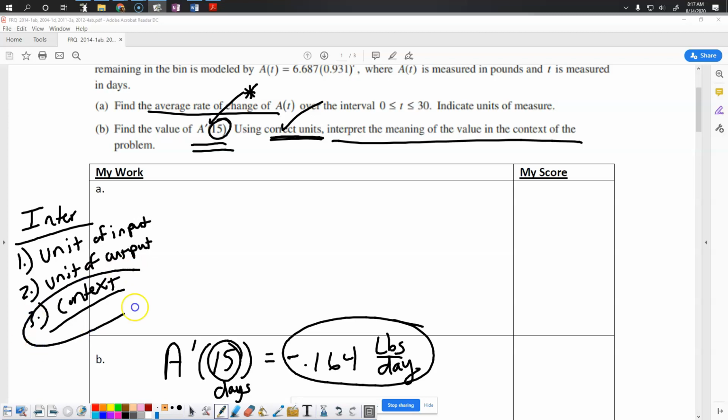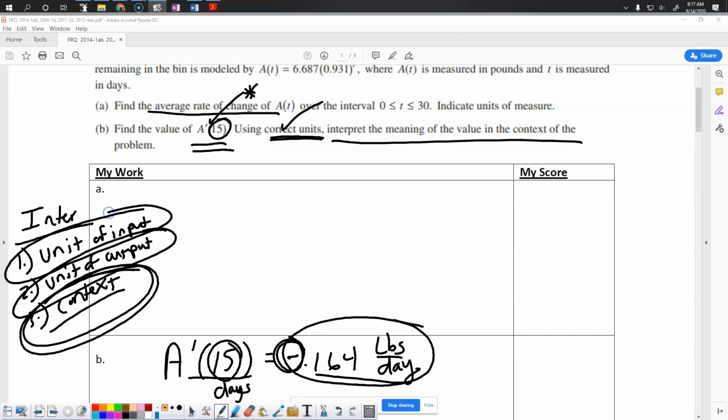The grass in the trash can is decaying or decreasing at a rate of 0.164 pounds per day on day 15. So notice I said all three of those things. The grass in the trash can is decaying at a rate of negative 0.164 pounds per day on the 15th day. Okay? So I had all three of those in there.